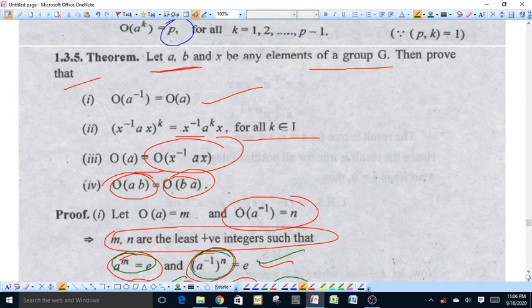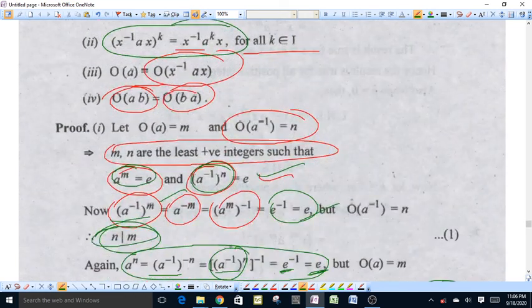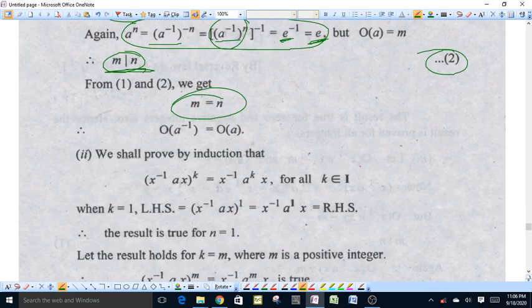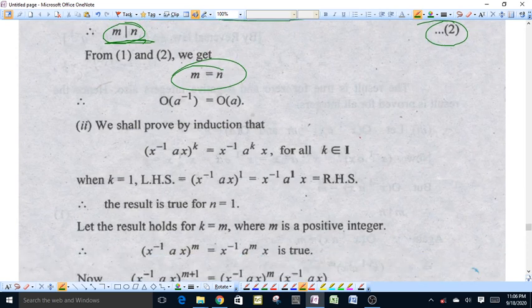Now we shall prove that x inverse a x raised to power k is equal to x inverse a raised to power k x for all k integers. We shall prove this by mathematical induction.